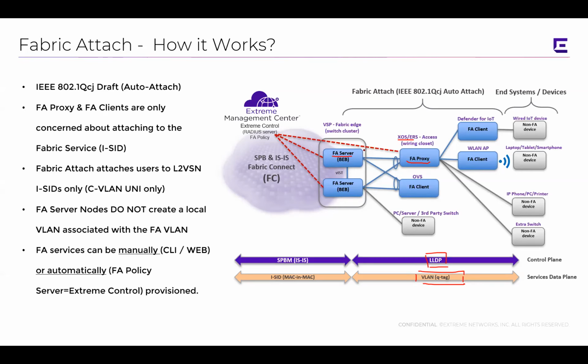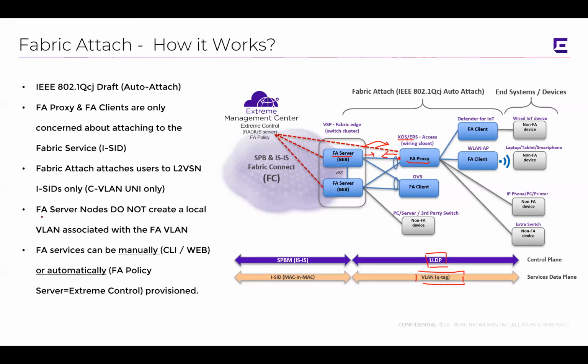Then, with the LLDP communication with the special type-length-values that we are sending from the FA server, the management VLAN ID is sent first. Then the Fabric Attach proxy, the access switch, automatically assigns this VLAN ID to a trunk port and tags this VLAN. Also, on the Fabric Attach server, this port is automatically assigned as a trunk port with Q-tag.